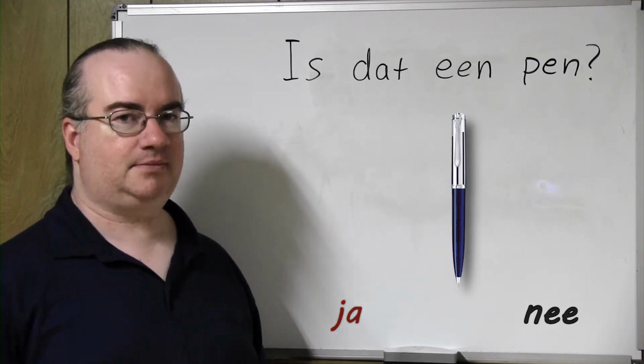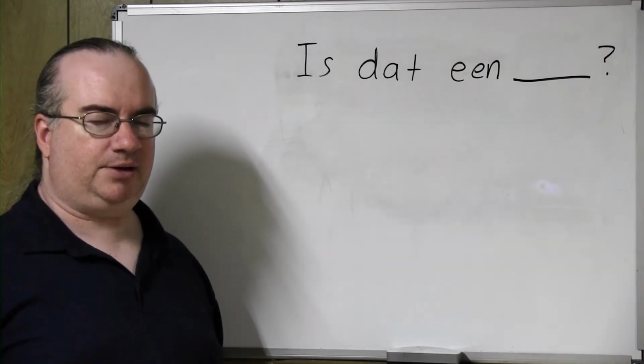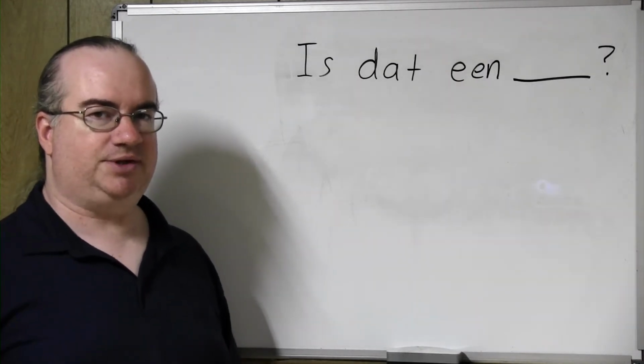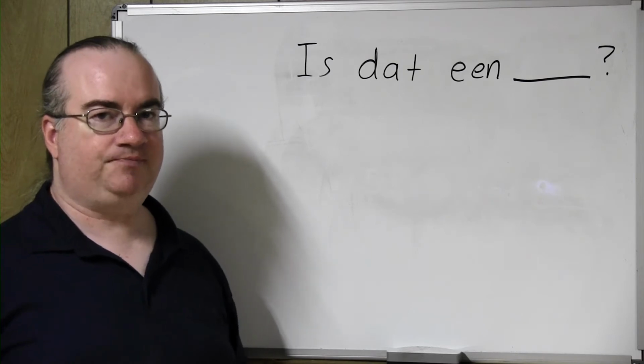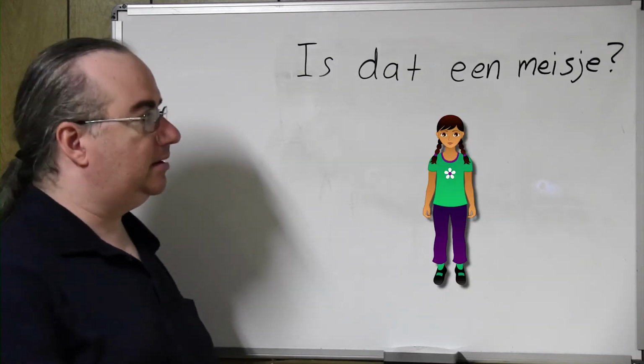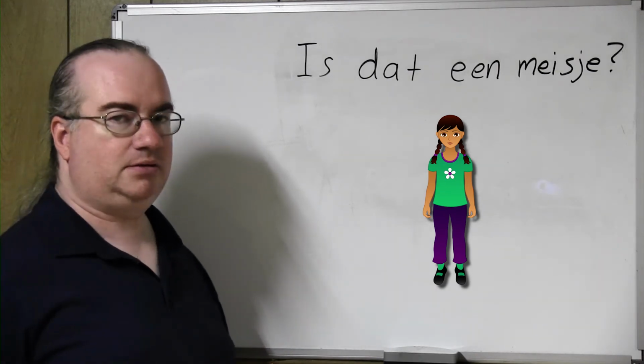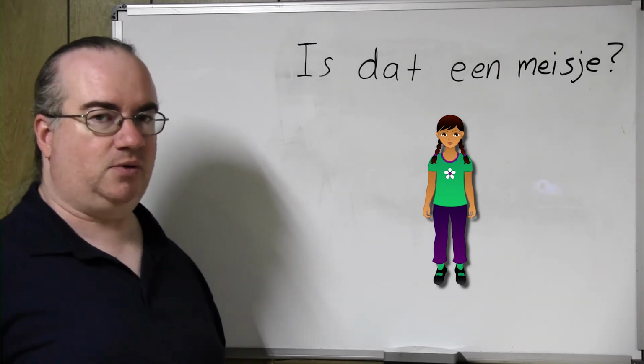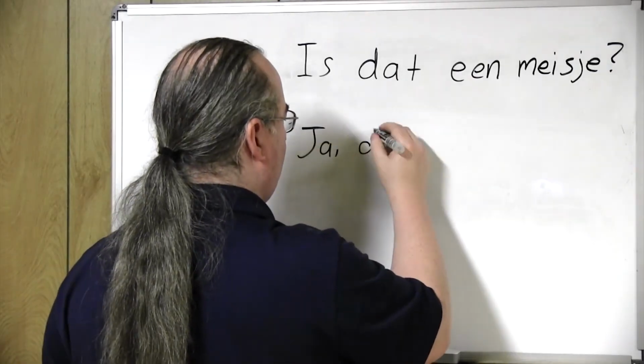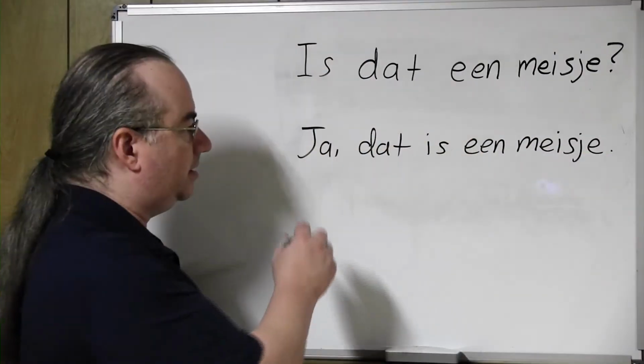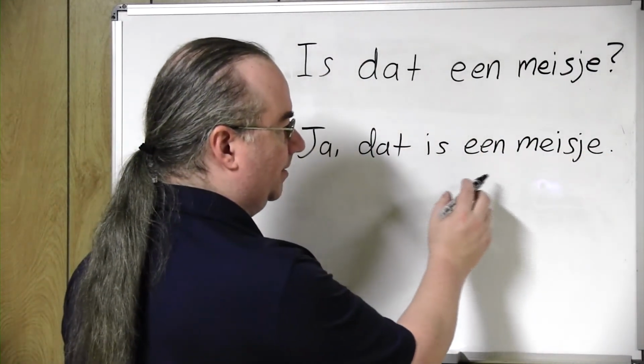We're going to do it again, but a little bit differently this time. So instead of just yes or no, let's make a complete sentence out of it. If I said, is dat een meisje? Well, it is. So we would say, ja, dat is een meisje.